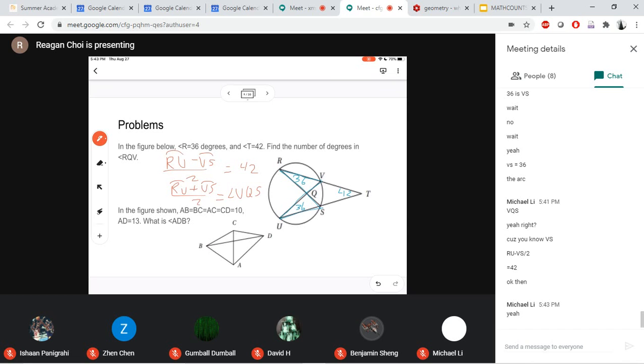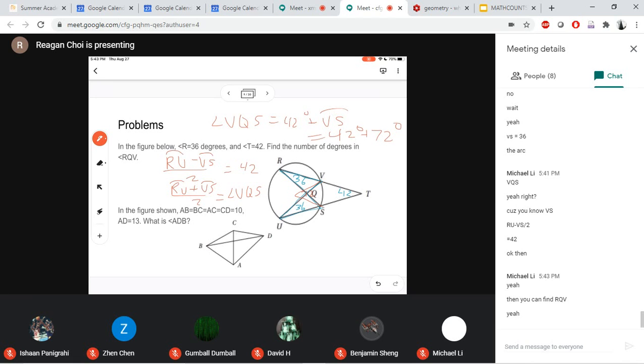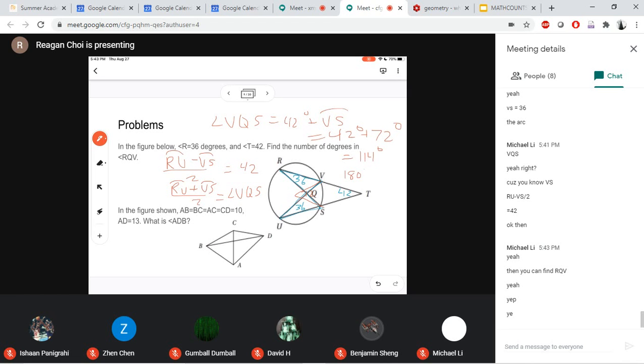So if you subtract these, you get VQS equals 42 plus VS, the arc, which equals 42 plus 72. It's 72 because you go to the center here, and that's 72 by the double angle rule, which gives 114 degrees. That's where you got the 114 from. That makes sense. And then to find RQV, you take 180 degrees minus 114 degrees, which is 66.